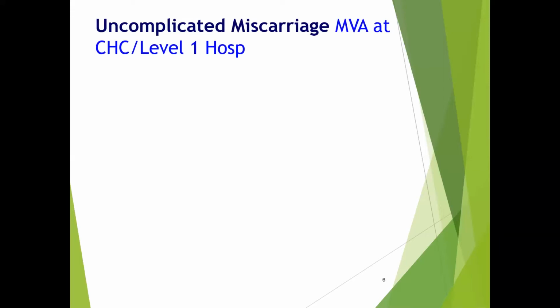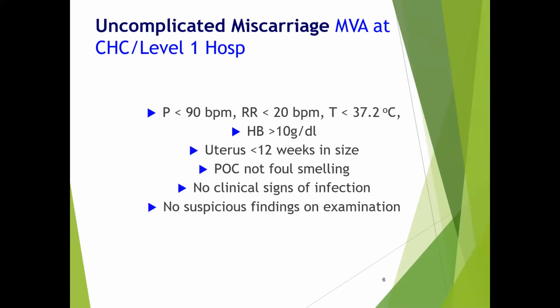Under uncomplicated miscarriage, it's important to know that these patients can be managed at a level 1 hospital or even at a CHC, provided that the patient is stable. They need to be assessed, and you need to make sure that all the patient's vitals are normal: the pulse needs to be less than 90, the respiratory rate less than 20, the temperature normal, and the patient must have an HB of at least 10, and only those with uteruses that are 12 weeks and less.